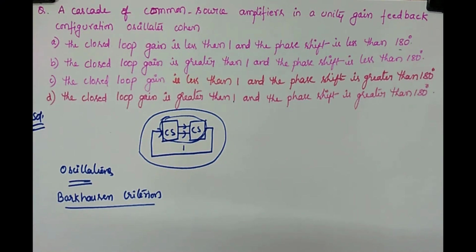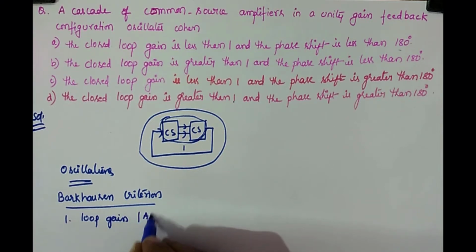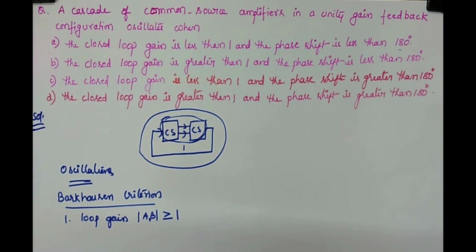What are the points here? The first criterion is the loop gain. Loop gain |Aβ| must be greater than or equal to 1. So that is the first condition.